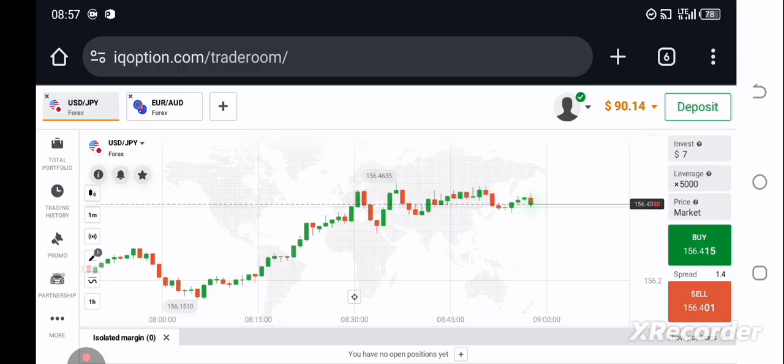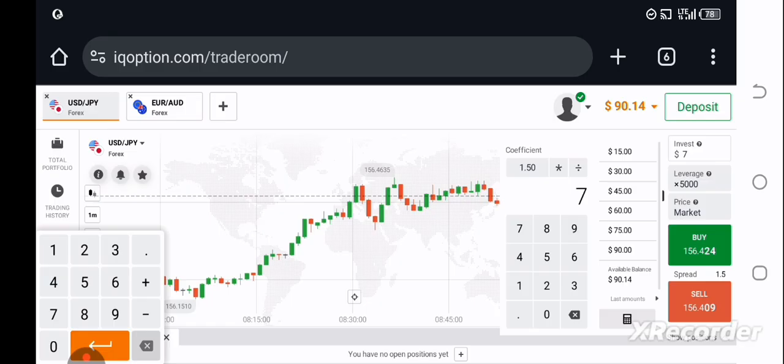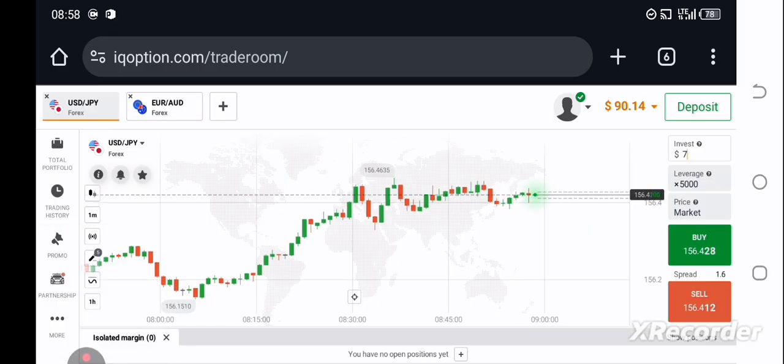You can put your stop loss at 100%, reduce your leverage to, let's say, what pair is this? USD JPY. For USD JPY you can leave that leverage of 5,000, no problem. That is the highest leverage they can give you in this account.